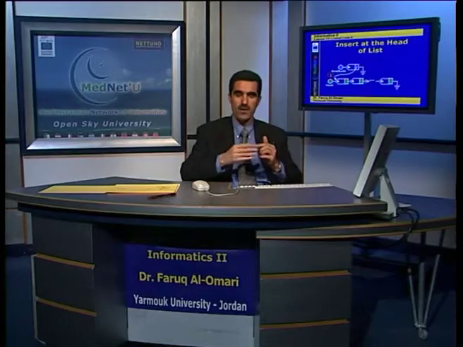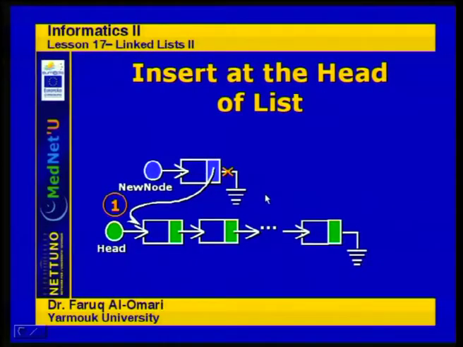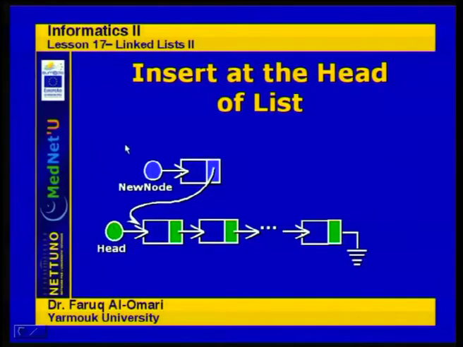So that's step number one. So this new node no more points to null, but rather it's pointing to whatever head is pointing to. Okay? Now, it's safe after this to take this head and make it point here, because I have a complete link here for the rest of the nodes. So step number two is to take head and make it point to here.